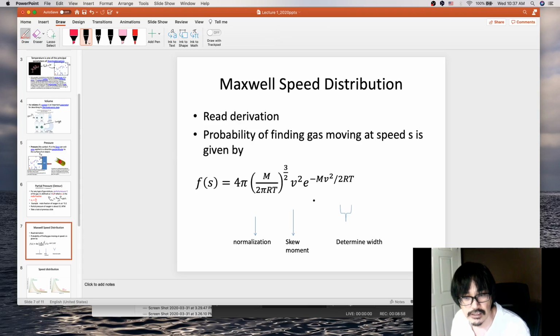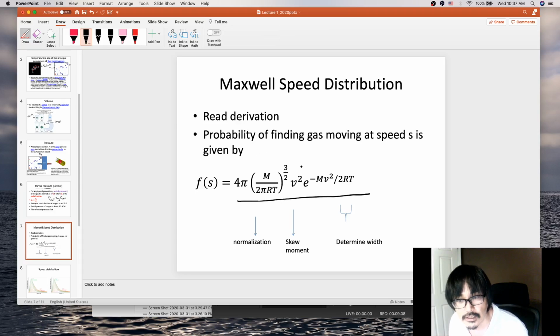So the speed distribution, or the velocity distribution, is given by this formula right here. What's important here is the v squared, and then whatever constant comes in front.